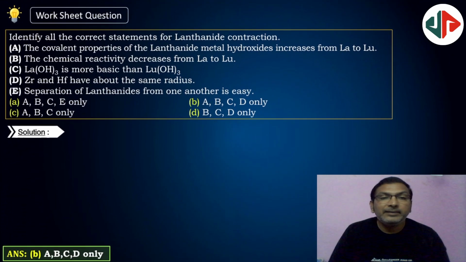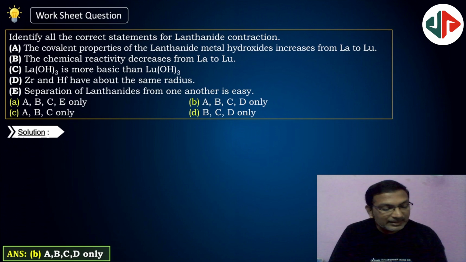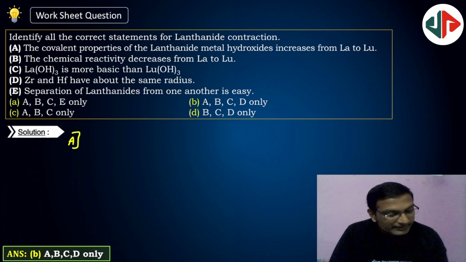So this is very, very important regarding lanthanoid contraction. Identify correct statements for lanthanoid contraction. Option A: covalent properties of lanthanoid metal hydroxides increase from lanthanum to lutetium. We'll explain option-wise.